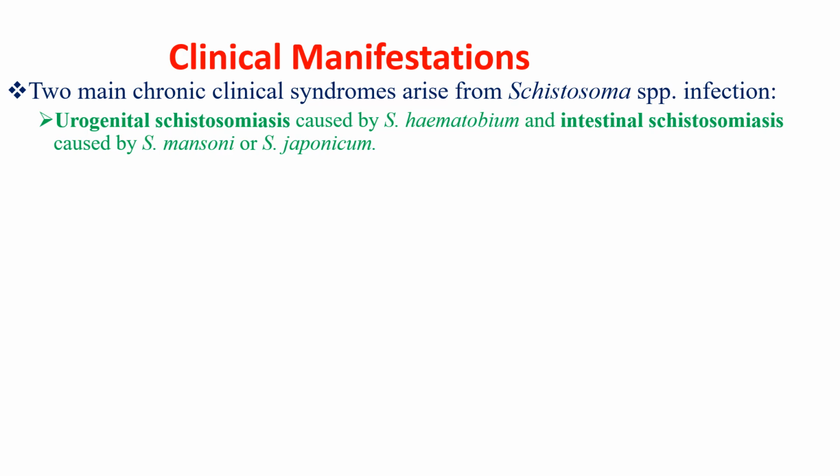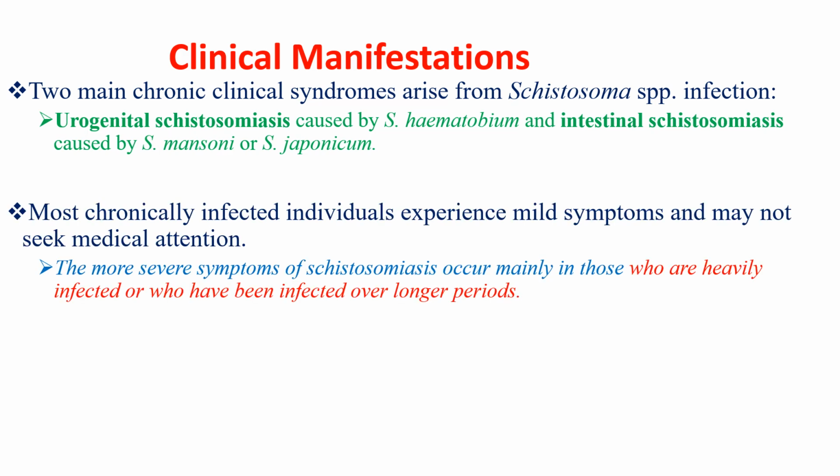When we come to clinical manifestations, two main chronic clinical syndromes arise from Schistosoma species. The first is urogenital schistosomiasis, which is caused by Schistosoma haematobium, and the second is intestinal schistosomiasis, caused by Schistosoma mansoni and japonicum. So urogenital is mainly haematobium, intestinal is mainly mansoni and japonicum. Most chronically infected individuals experience mild symptoms and may not seek medical attention.